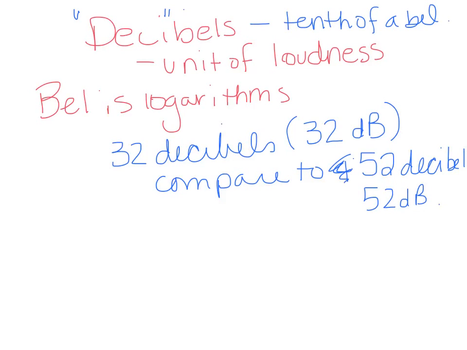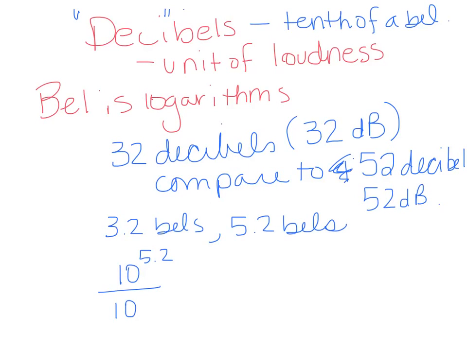go to a bell, so then you can go to the logarithm. So this would be 3.2 bells compared to 5.2 bells. So now you have 10 to the 5.2 compared to 10 to the 3.2. So now we're doing the same thing we did with the Richter scale. How do you compare two of these?